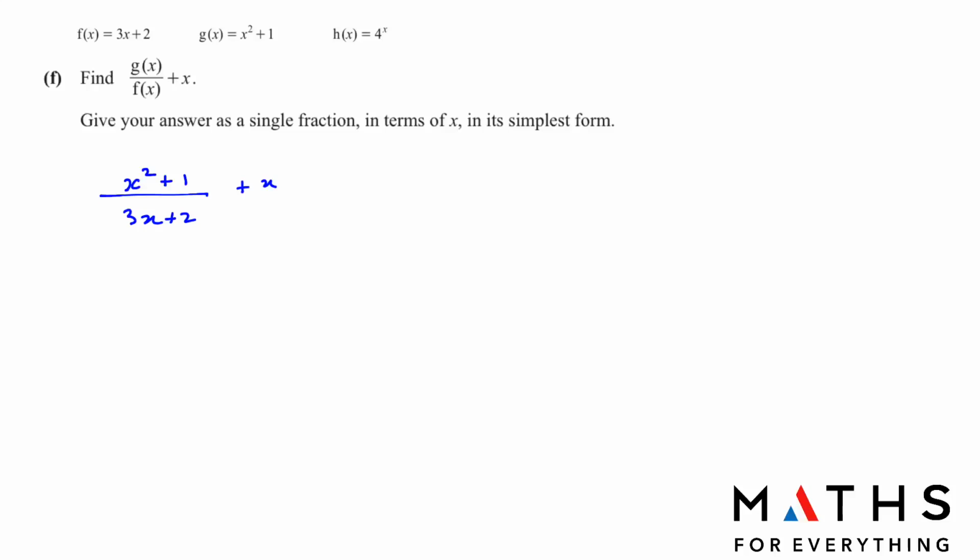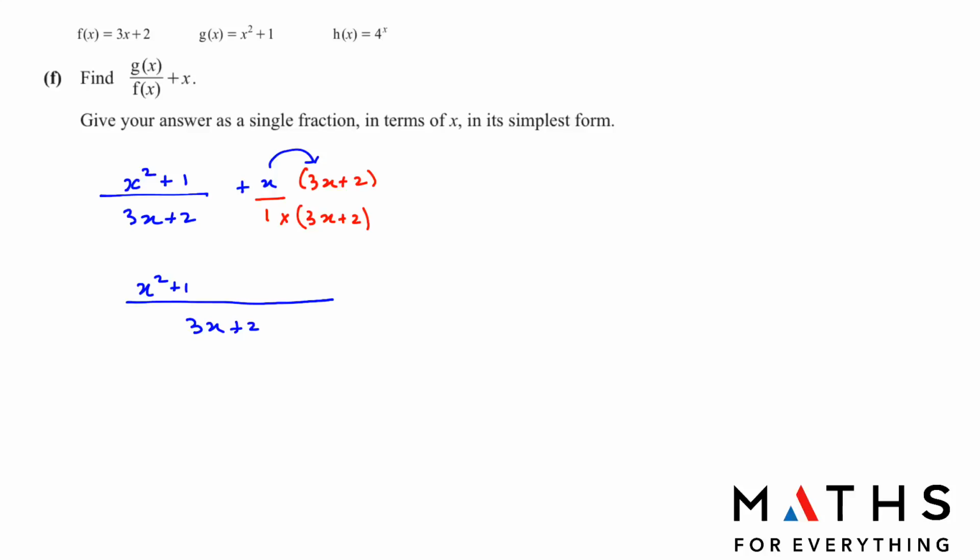As we don't have any denominator here, we know there is a 1. So we'll times it with this denominator, 3x plus 2. And if we multiply in the denominator, we also have to multiply in the numerator. Now both the denominators are the same, so we can write it as one denominator.